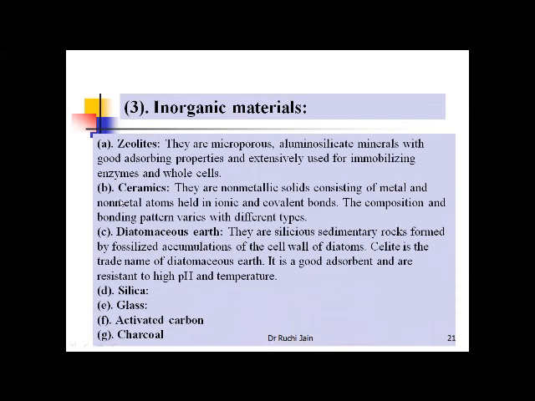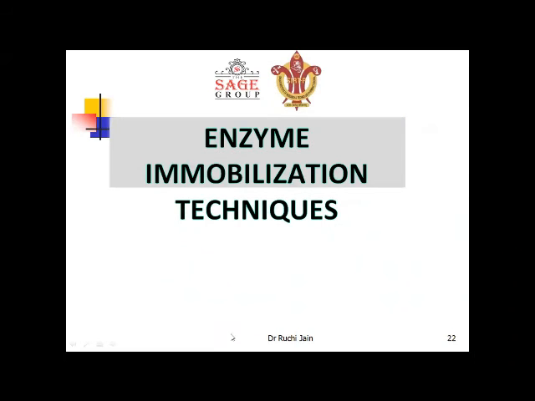Inorganic materials include zeolite, ceramics, diatomaceous earth, silica, glass, activated carbon, and charcoal. All these are matrices which we are using in enzyme immobilization techniques. So before the discussion of enzyme immobilization techniques, we should know about the carriers which are used to immobilize the enzymes.